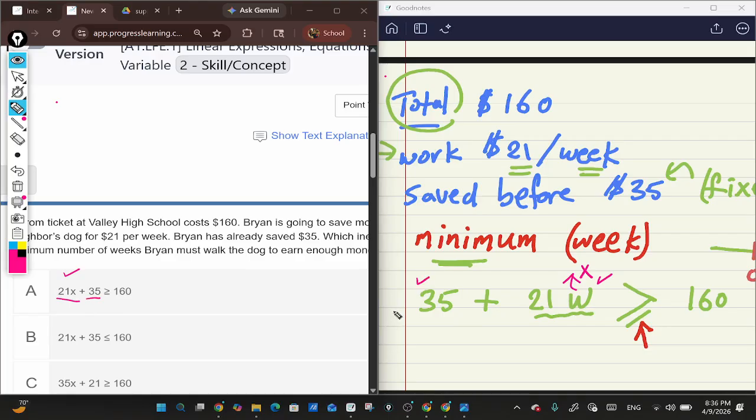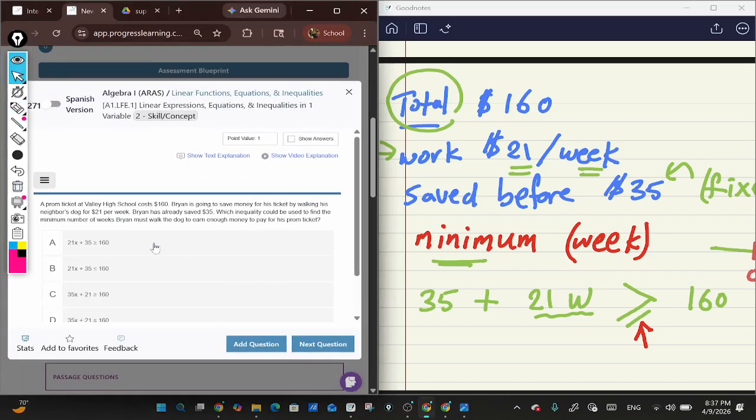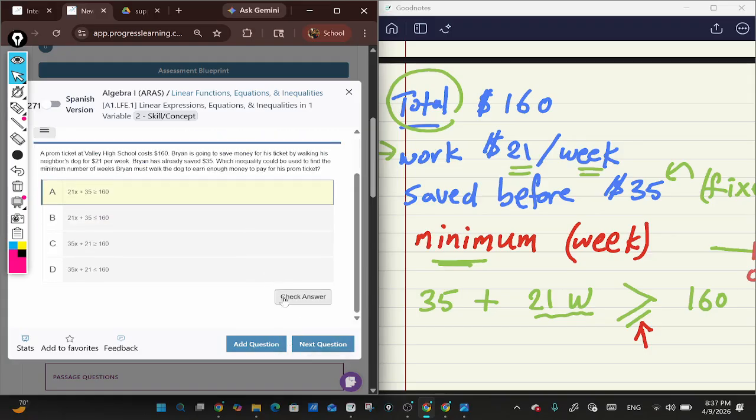So they are identical. Now we have greater than or equal, here greater than or equal, and here is 160. So it seems like this option is the right answer. Let us check. That's exactly the correct answer.